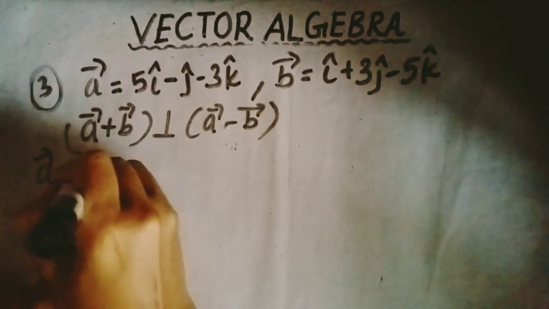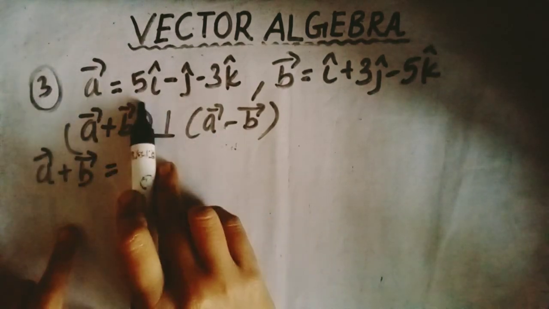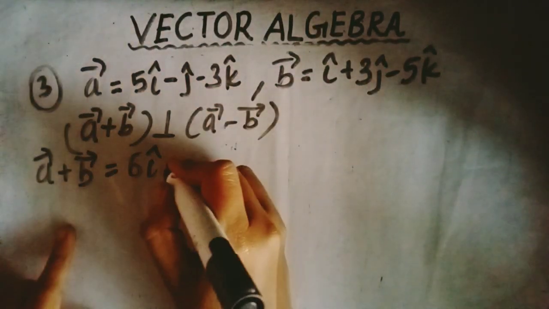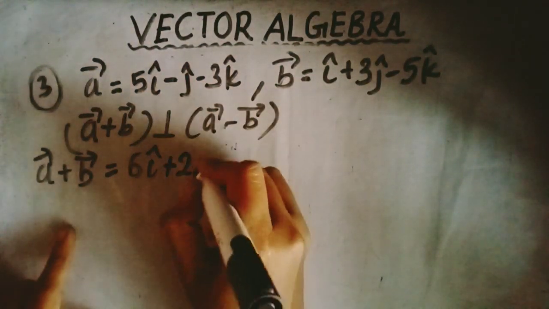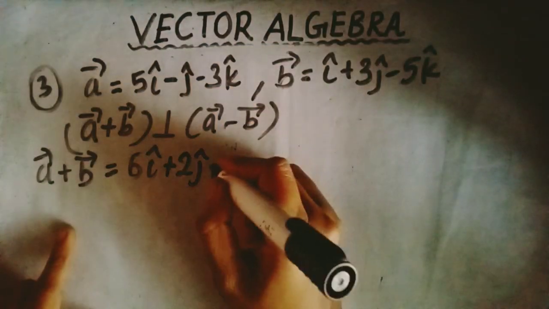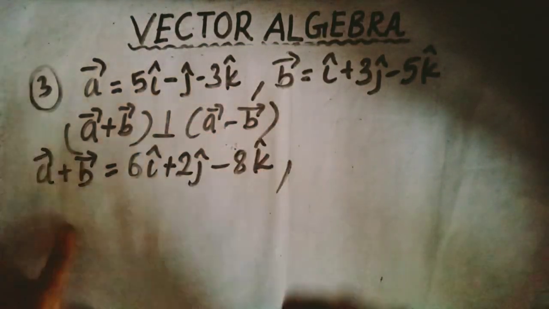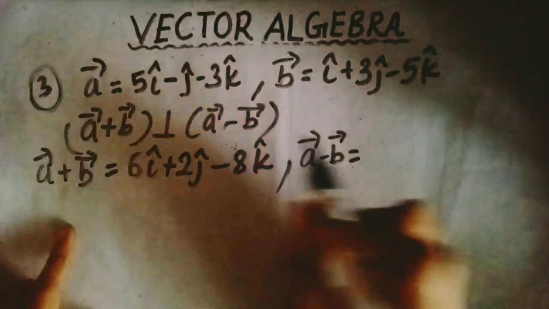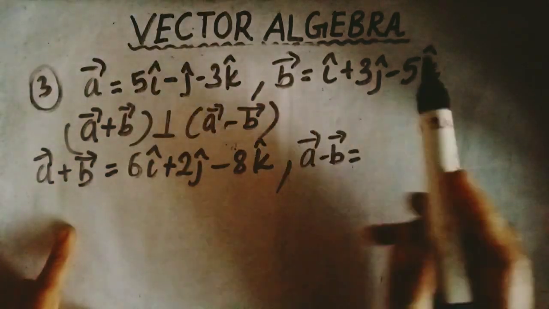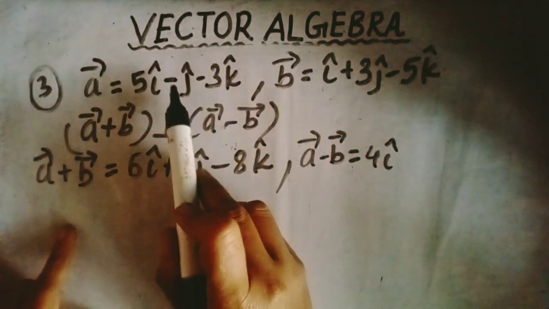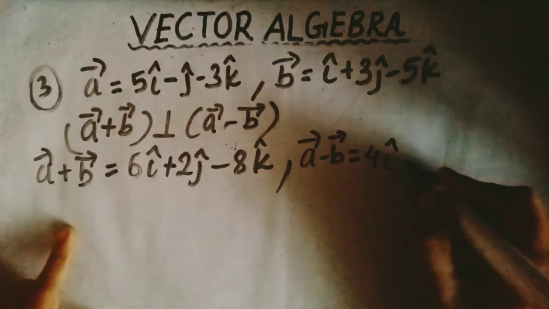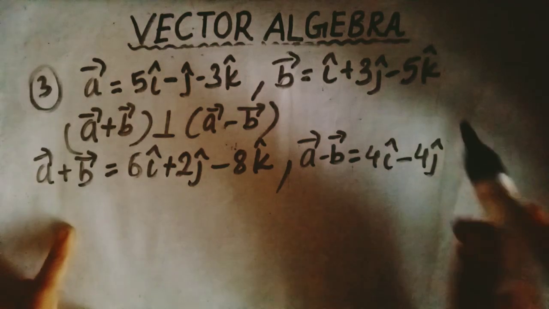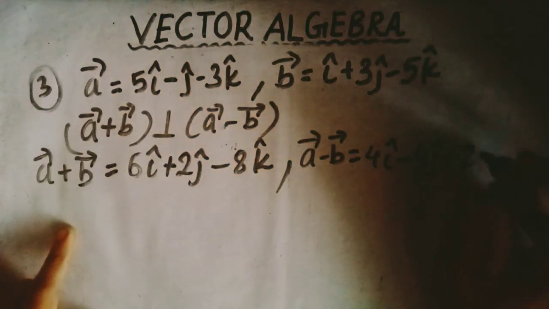So A plus B: 5 plus 1, 6i, minus 1 plus 3, plus 2j, minus 3 minus 5, minus 8k. This is your A plus B. A minus B: 5 minus 1, 4i, minus 1 minus 3, minus 4j, minus 3 plus 5, so plus 2k.